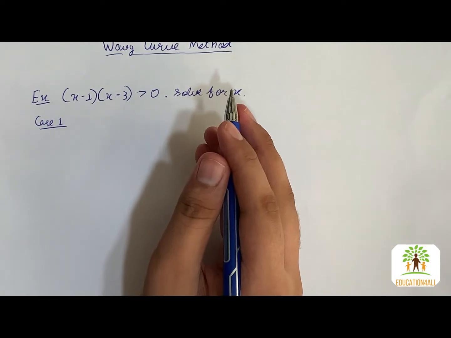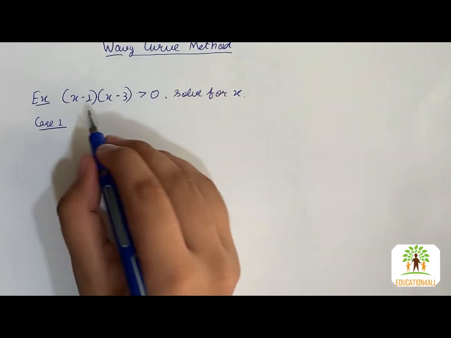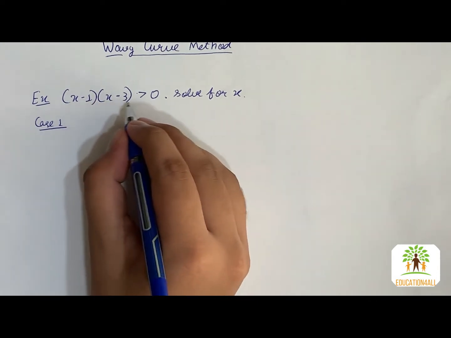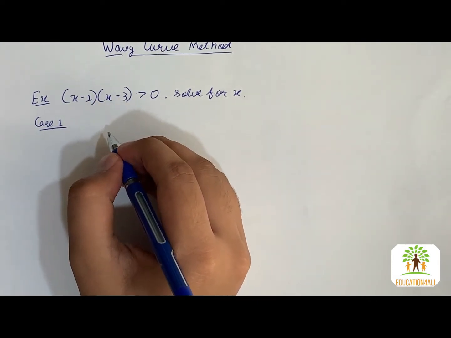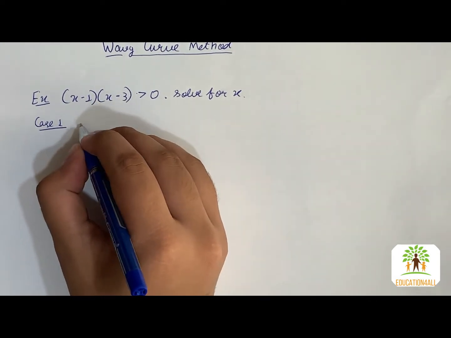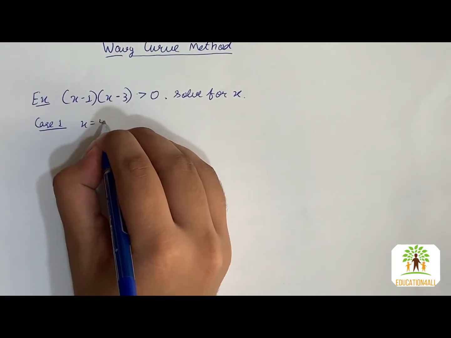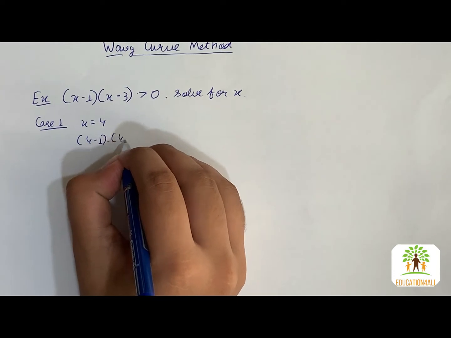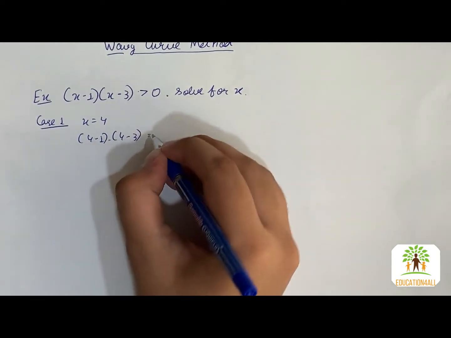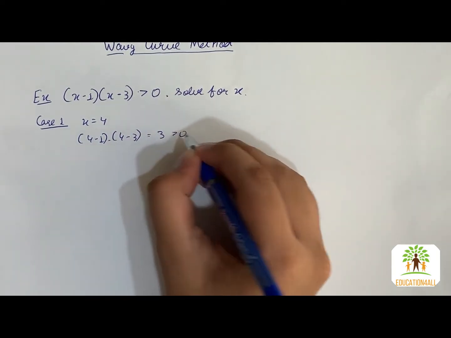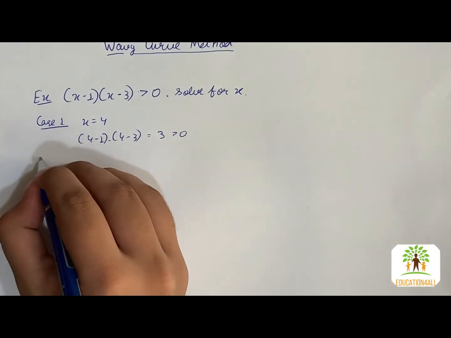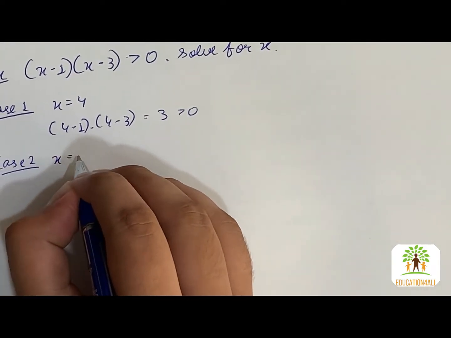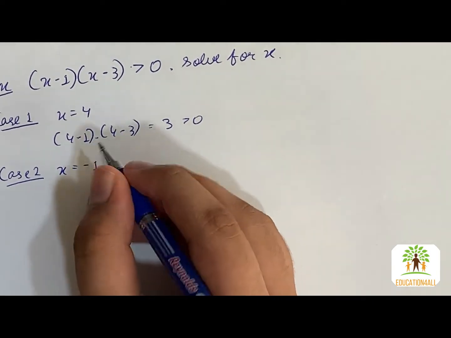In your earlier classes, you would have studied that, for example, in case 1, x is greater than 1 and x is greater than 3. Therefore, we take a number that is greater than both 1 and 3, that is 4. Let x equal 4. Now (4 minus 1) times (4 minus 3) equals 3, that is greater than 0. And case 2, x equal to minus 1, because it is lesser than both 1 and 3.